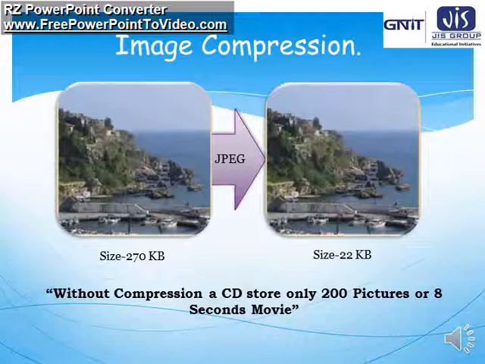Image compression is the process by which we can reduce the size of the input image to the output. This is one of the very important steps of digital image processing, by which we can reduce the size of the image. We have to keep in mind two terms: one is the dimension of the image, another is the size of the image.